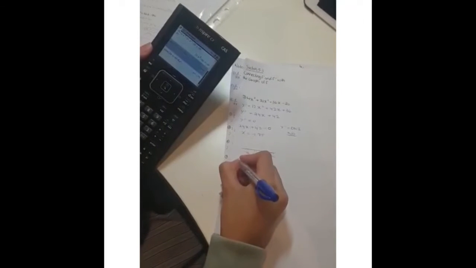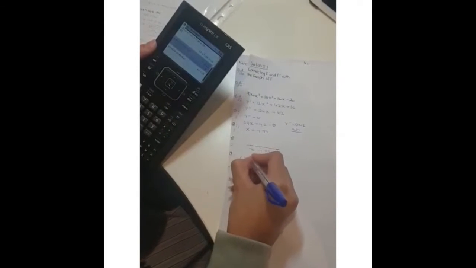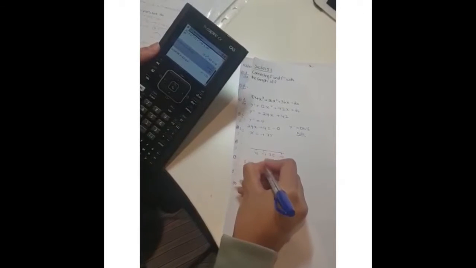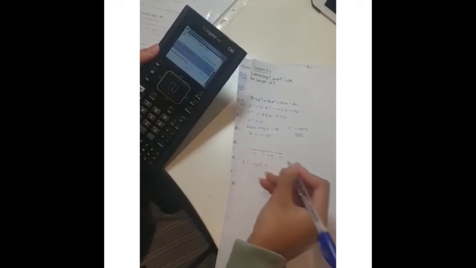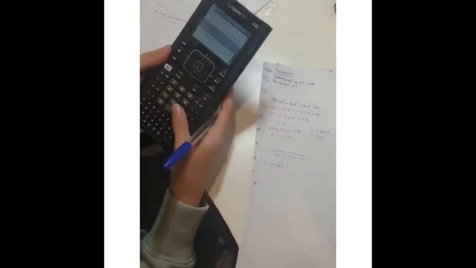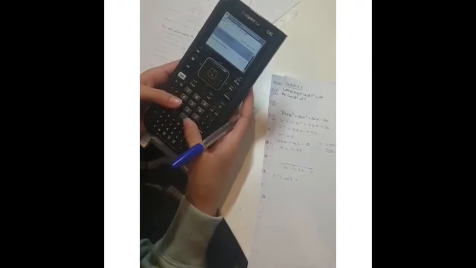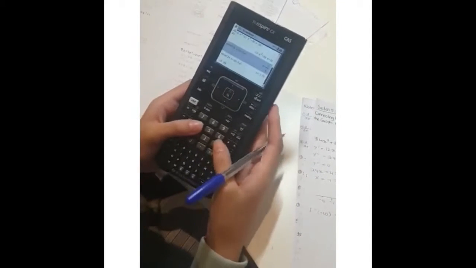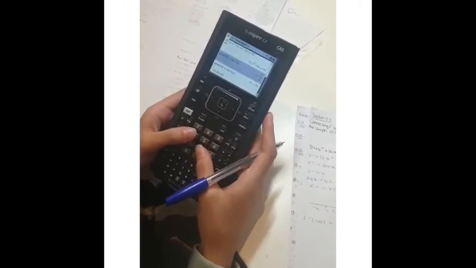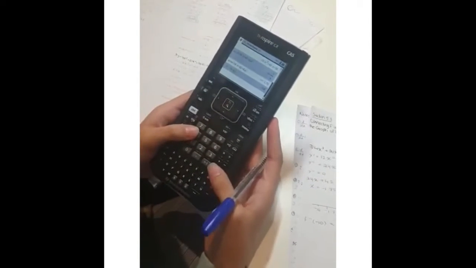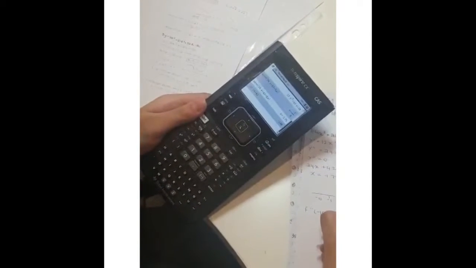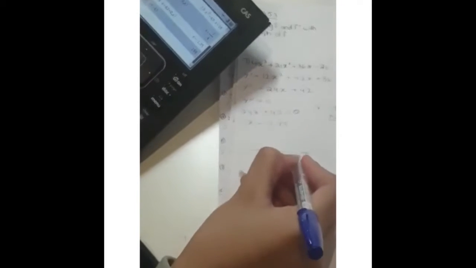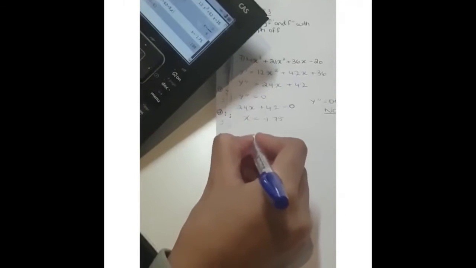And then plug in f double prime of negative 10 equals what? Let's plug negative 10 in the y double prime. Negative 10 times 24 plus 42 is going to be a negative value. So let's write it as a negative value. The value is not important, we only want to find the sign. So before negative 1.75 is negative.